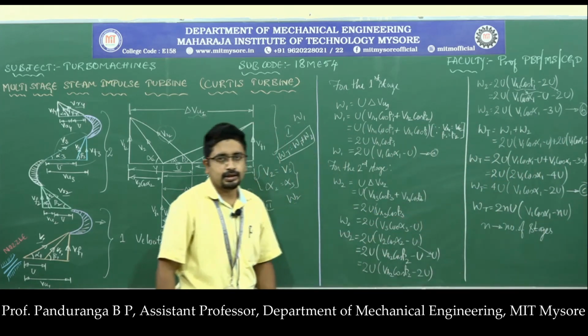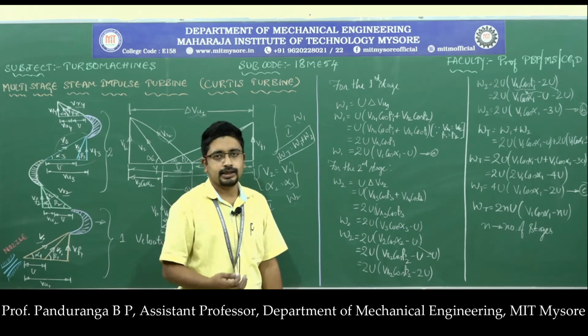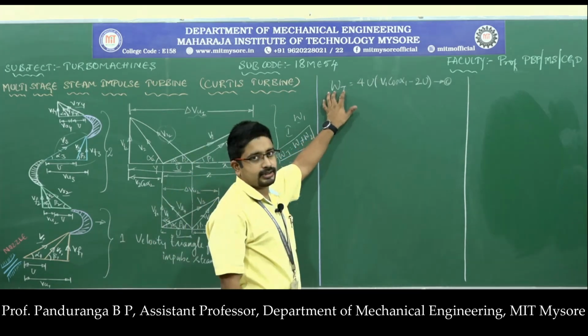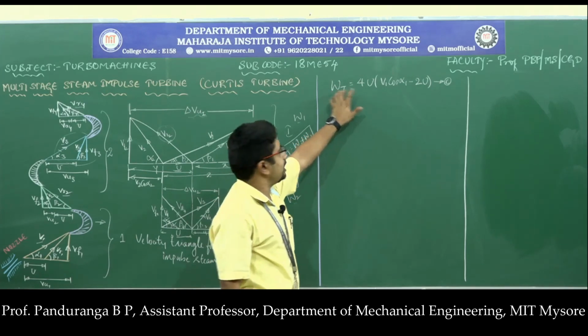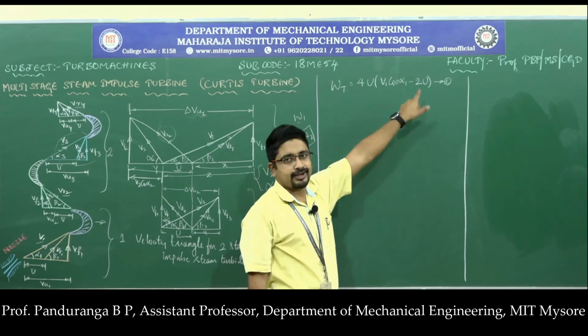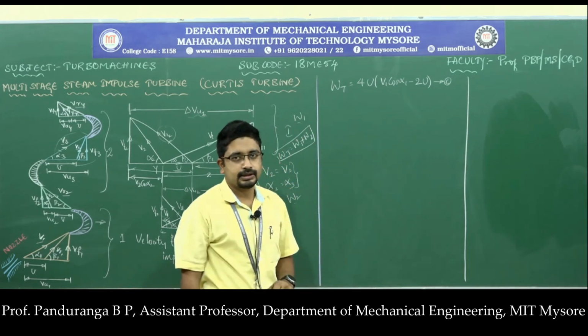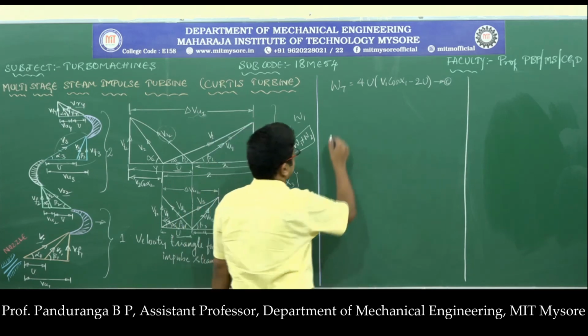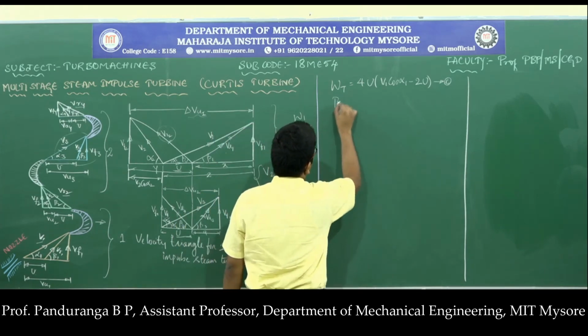So remember that. Now we will see the equation for efficiency. We had seen that the total work done for 2 stages was given by 4u into V1 cos alpha 1 minus 2u, and we called that equation C. Now let us write the equation for blade efficiency.